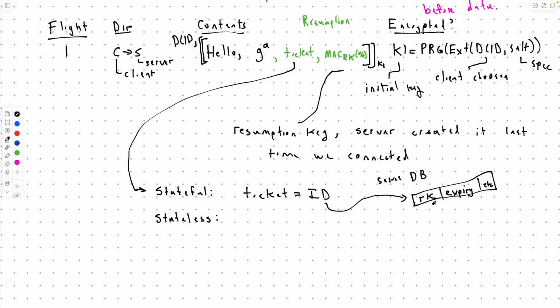They look it up, they get RK, and once they have RK, they can check whether this MAC is correct or not. And what does that tell them? What does it tell them to check whether this MAC is correct or not? In the ticket we have a column for RK, like in the table when you look it up.